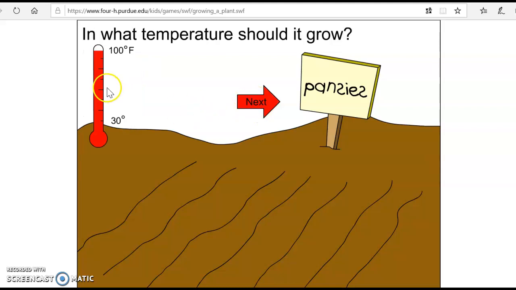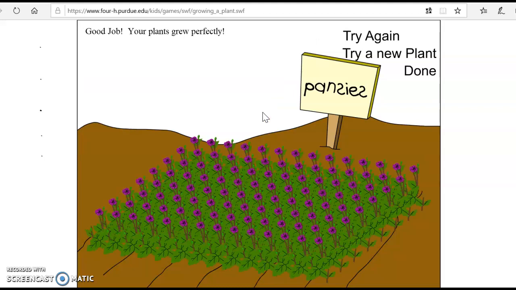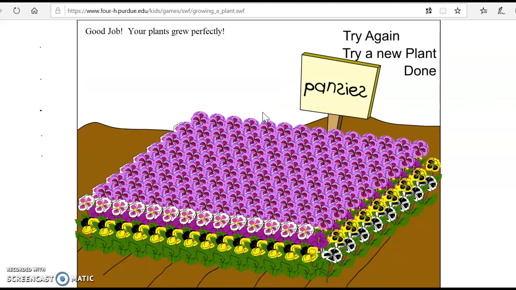And like our other plants, I'd say between 60 and 70 degrees would be a good temperature for pansies to grow. Now pansies are pretty small, so I think they can probably be planted pretty close together, maybe only 6 inches or 1/2 foot away from the other seeds. Let's see how our garden grows. Oh, and look at that. Good job. Your plants grew perfectly.